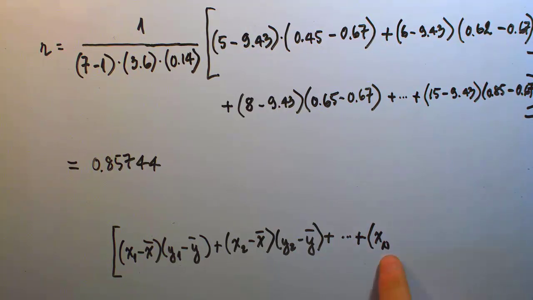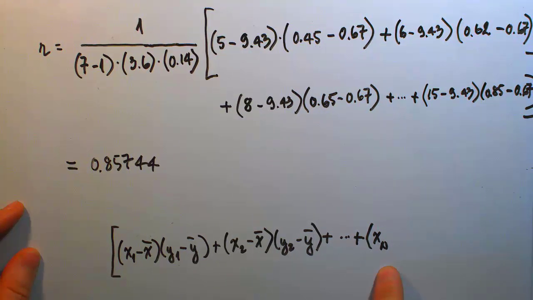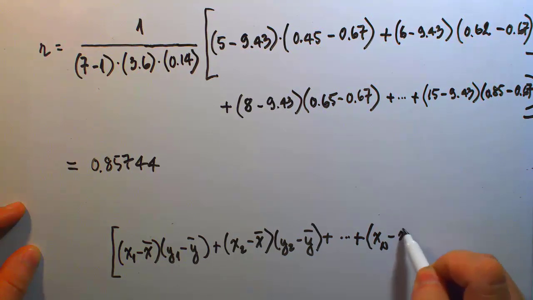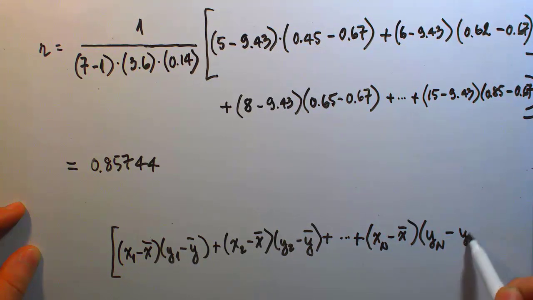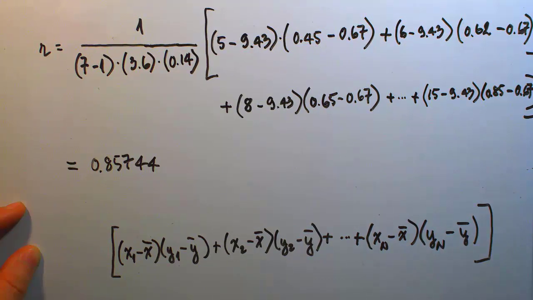This is for the last pair: xn minus the mean on the x list, times y at the last pair minus the mean on the y list. So it would be better that we add up all the products of the differences between values and means on each individual entry. So value minus mean, take the product. Next value minus mean on the y list, take the product, and add up all of those pairwise products until the end of the list.